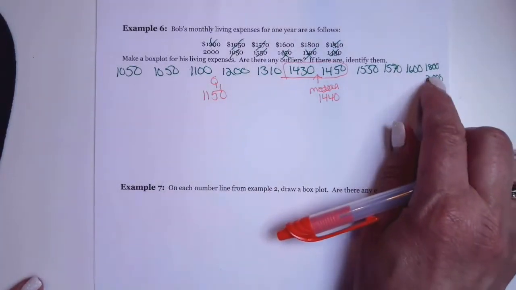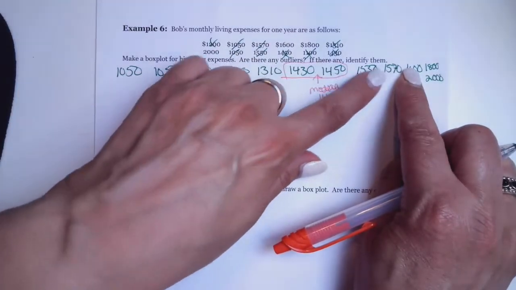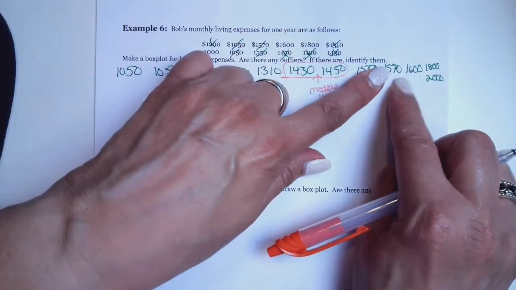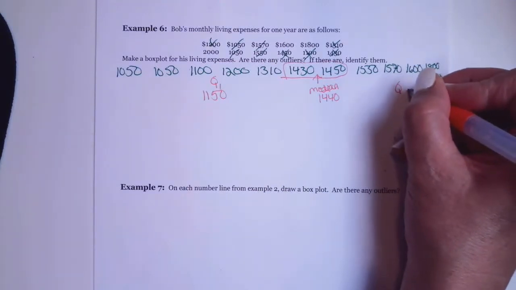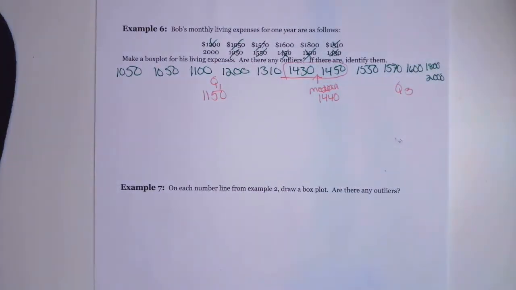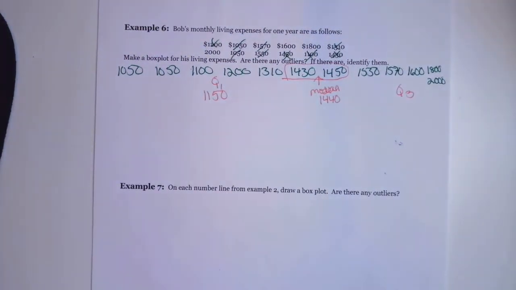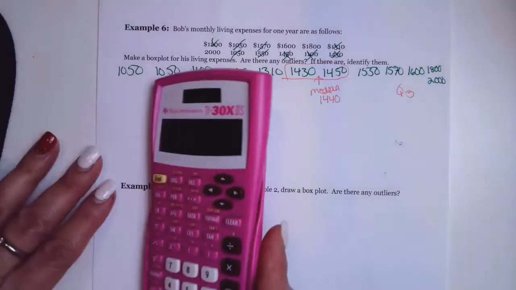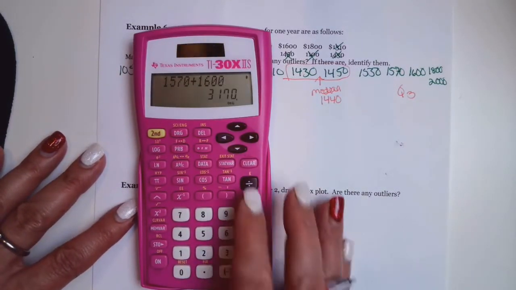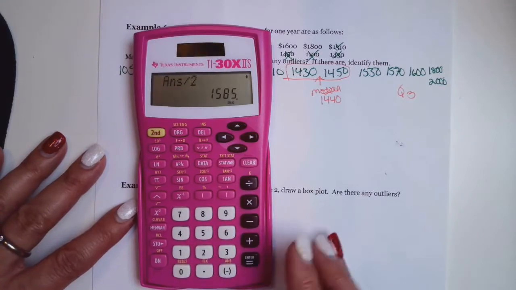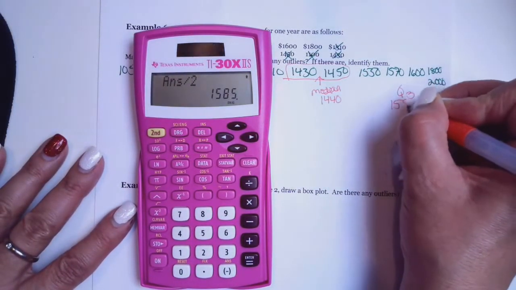Well, here, our third quartile is 1,570 plus 1,600 divided by 2, which is 1,585.